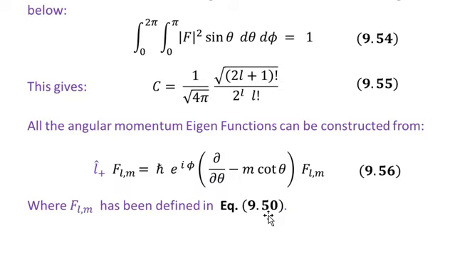So from equation number 50, you can plug in the value of F_lm in equation number 56, and you can operate the same way that I have shown the operation regarding the derivation of equation number 53, and you will come out with other wave functions also. So all the wave functions can be generated, and of course the corresponding eigenvalues too.